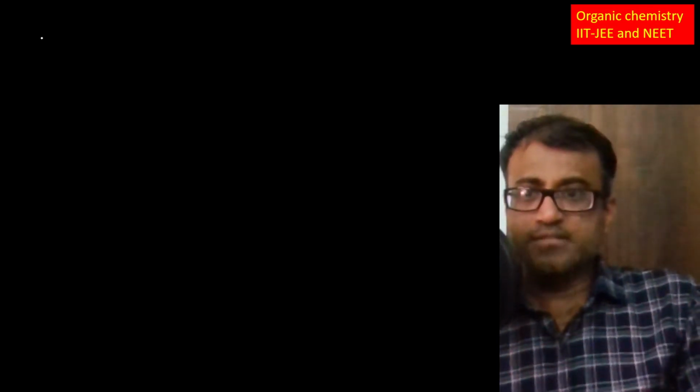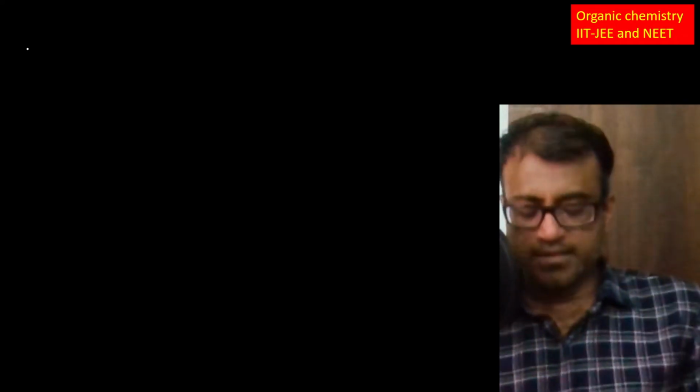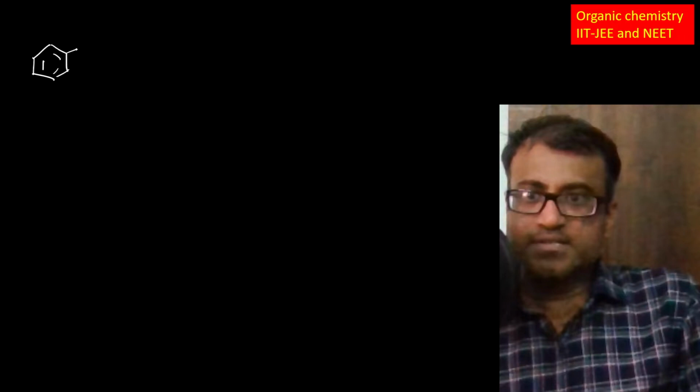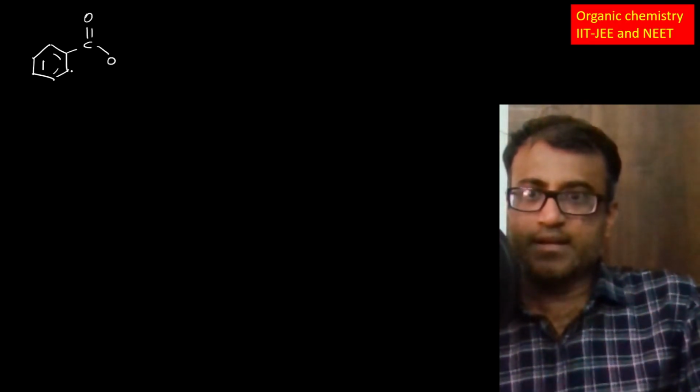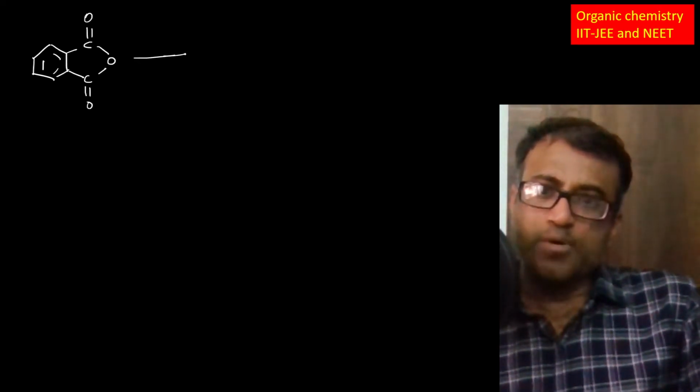So what exactly must be happening in the reaction mechanism? Here we are dealing with two molecules. One is phthalic anhydride and the other is phenol. So what might be happening? This is the phthalic anhydride. So what must be happening in presence of acid?